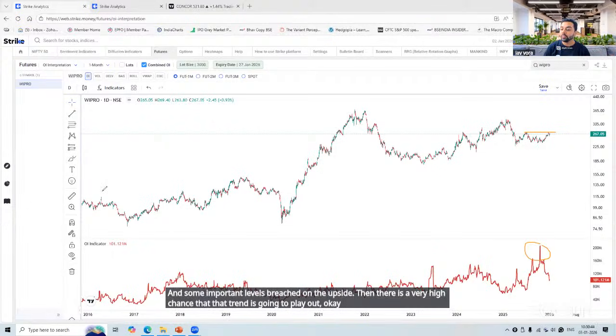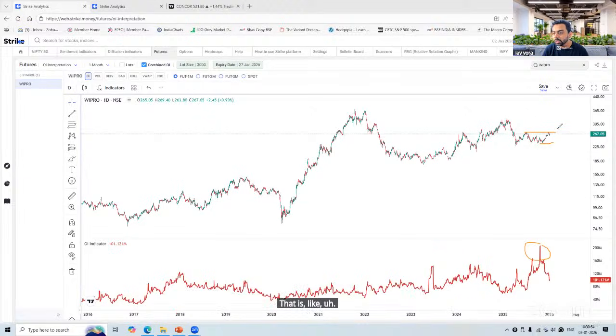Okay, but now you see over here that there is a short covering move that has already played out, right? This was around 220, it has gone to 267. That is like a 20% kind of move.